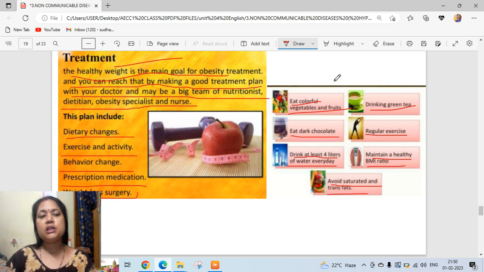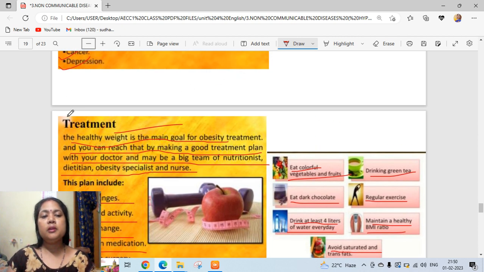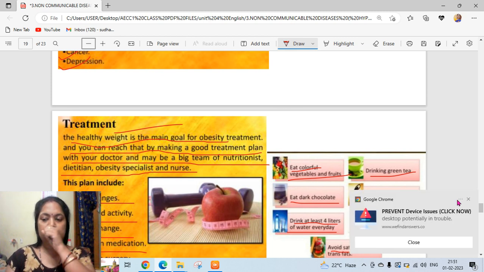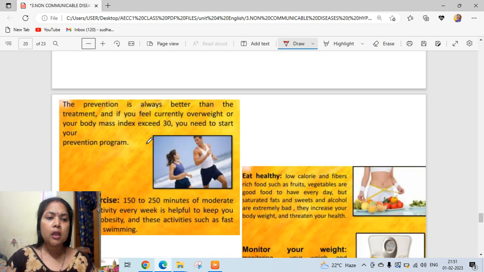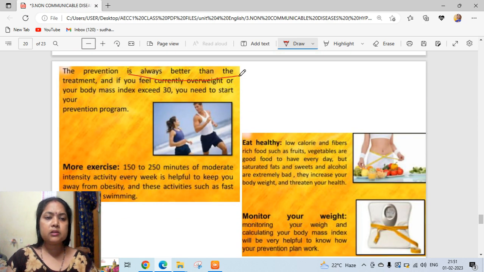Okay, so these are the solutions or prevention methods to remain away from obesity. Prevention is always better than treatment or cure, as we know.